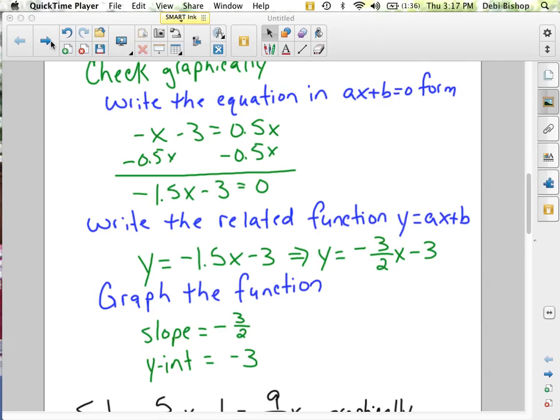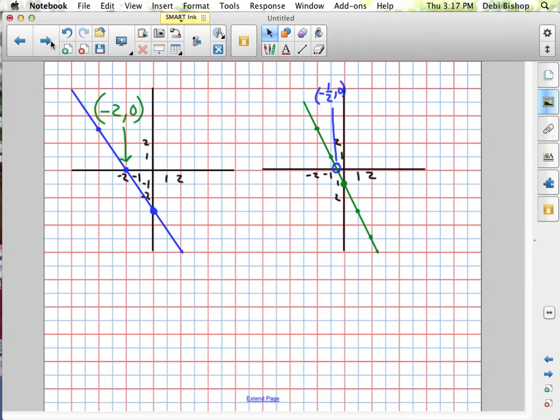So let's look at the graph. Here's our graph on this side. My y-intercept is negative 3 and my slope is negative 3/2. So I go up 3, 1, 2, 3, and since it's negative, I go to the left over 2 and plot my point.